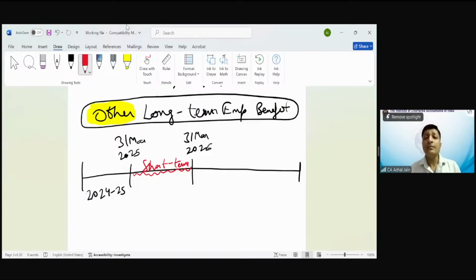Now, what is long-term? Any employee benefit which is payable after 12 months from the balance sheet date, which means we are talking about this period.